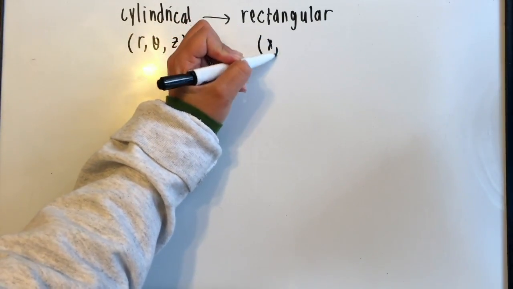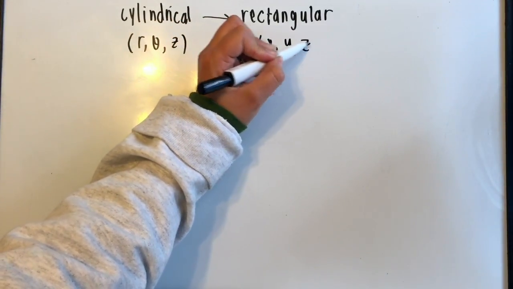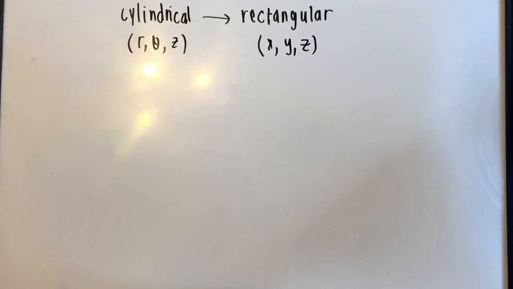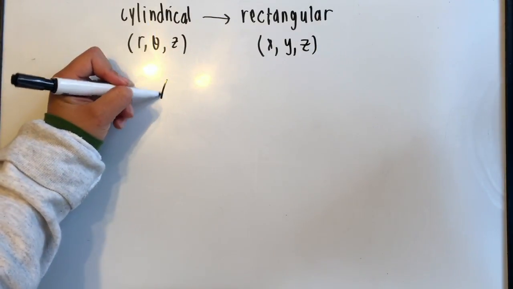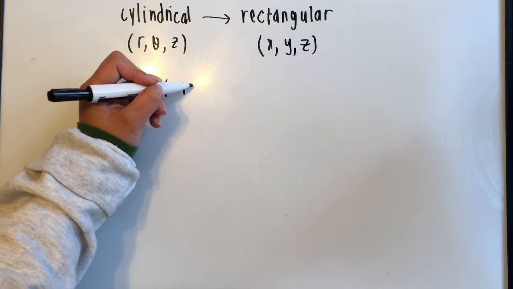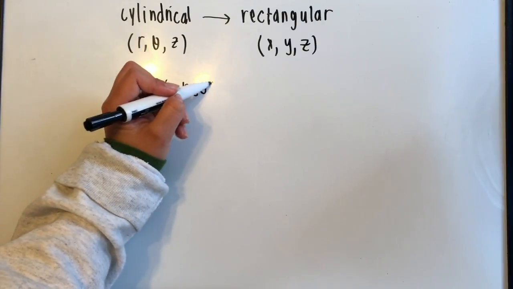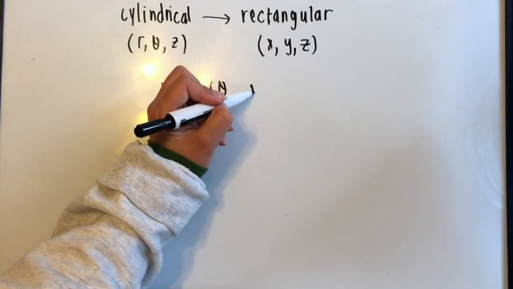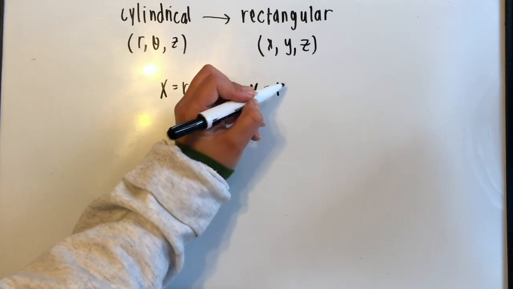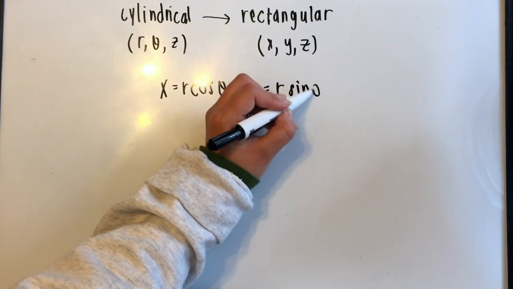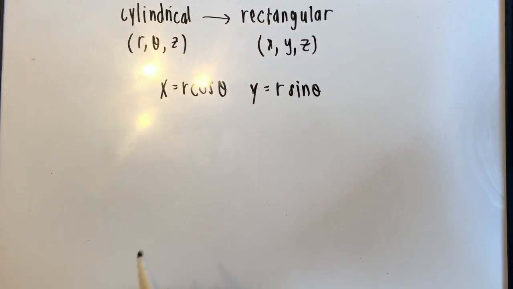Rectangular is with the coordination of x, y, and z. To convert from cylindrical to rectangular, we need to use the equations we previously mentioned, x equals r cosine theta and y equals r sine theta.